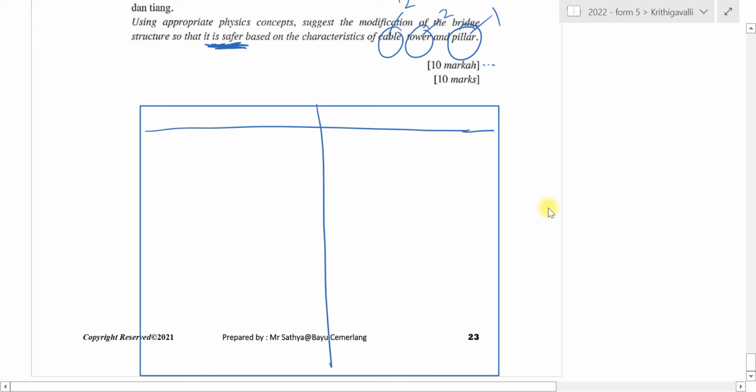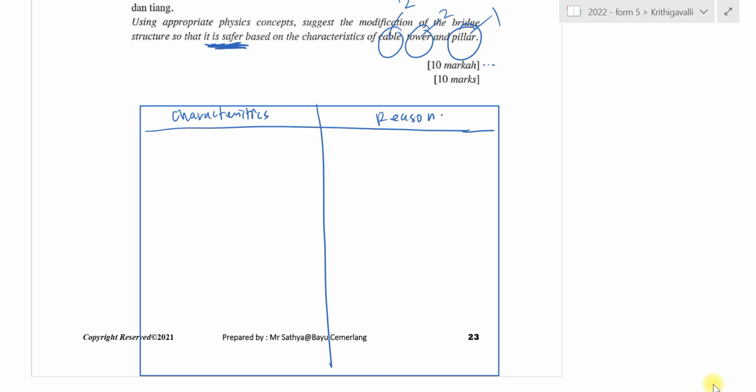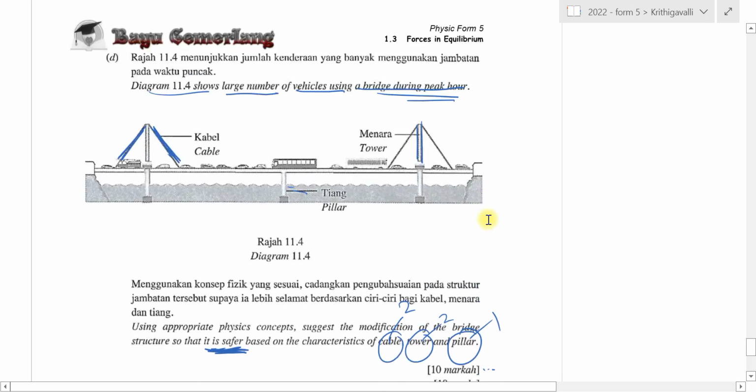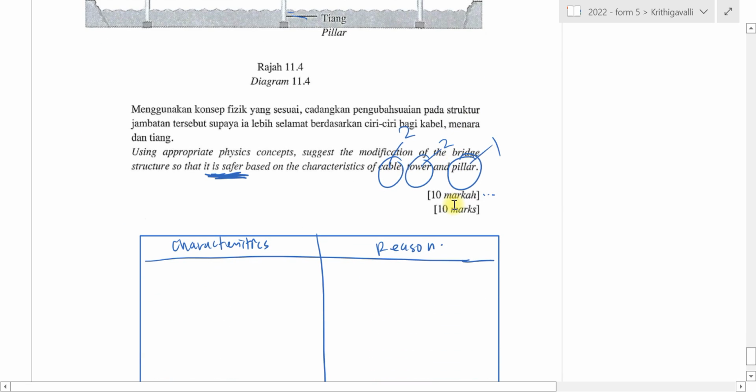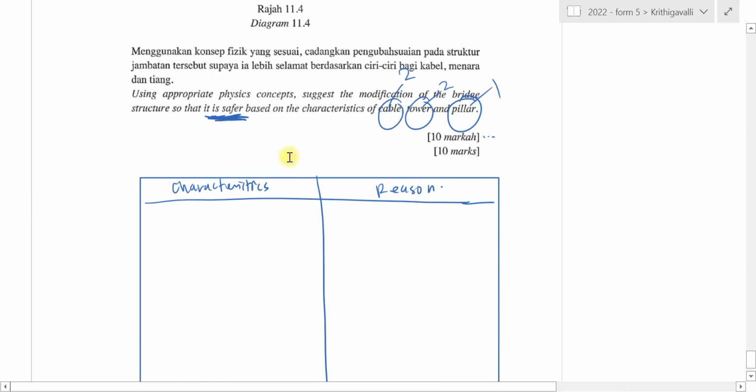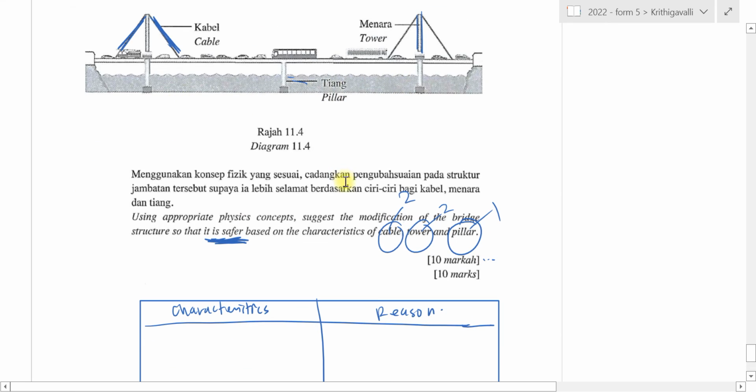So table form is like this. Here you can write the characteristic. Here is the reason why. Okay, let's talk about the cable. How to modify: you can talk about the material, you can talk about the tension, anything about the cable.